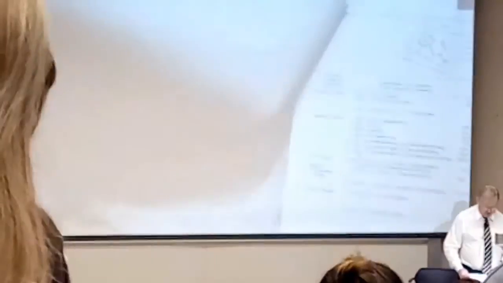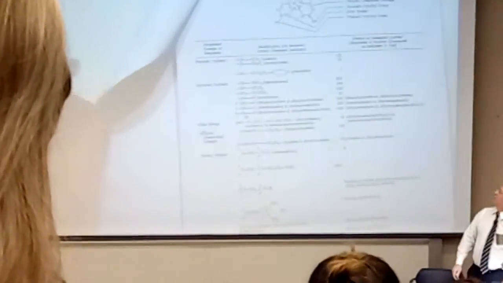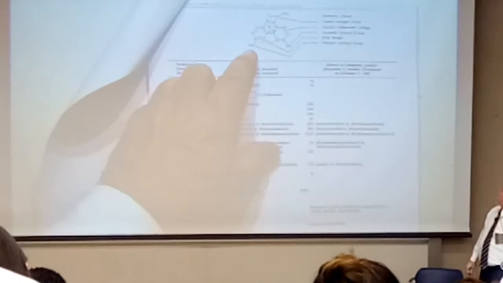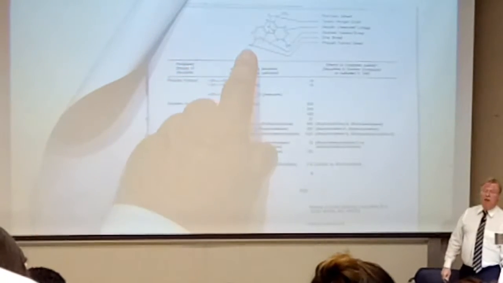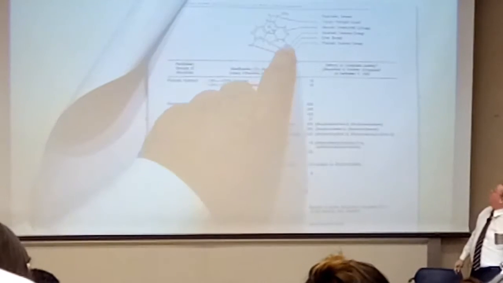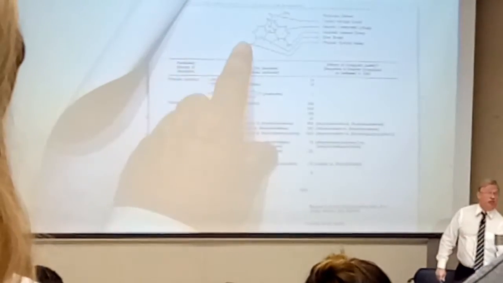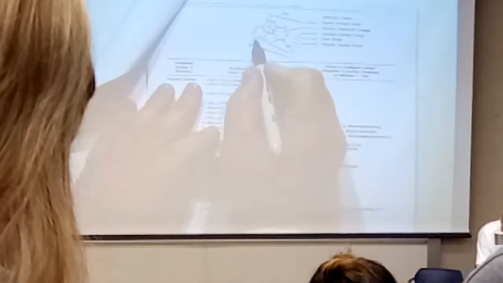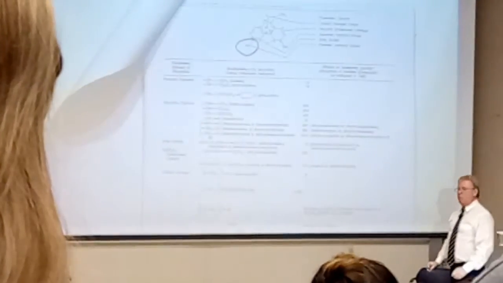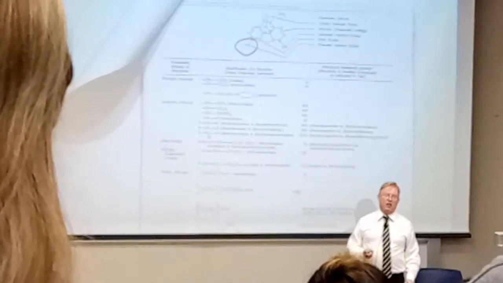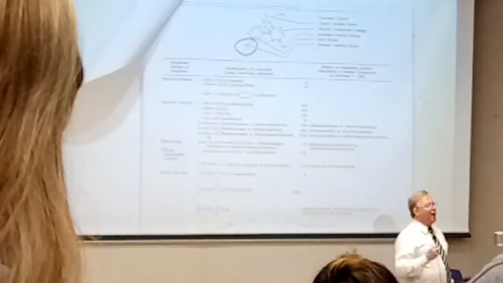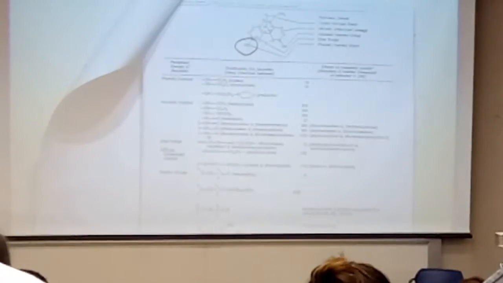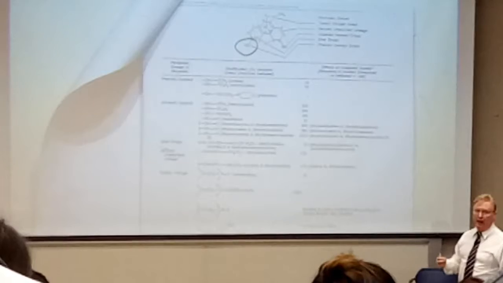Let me just tell you some basics. This is morphine. And morphine has this 3-hydroxy group. See this 3-hydroxy group? At least for morphine, that hydroxy group is absolutely essential for activity.